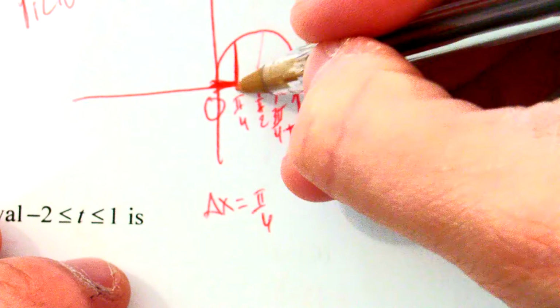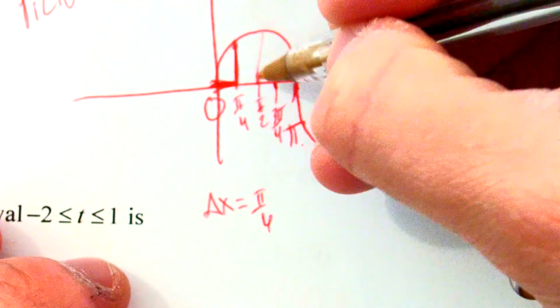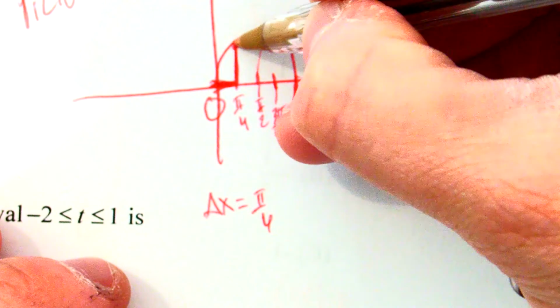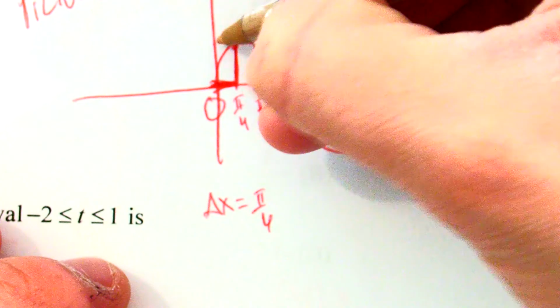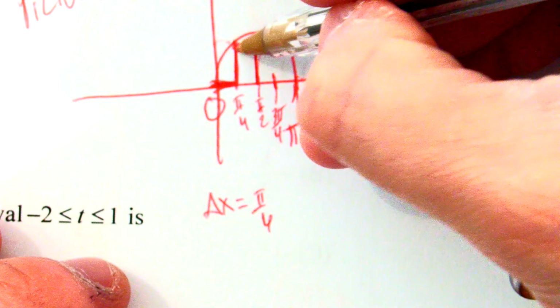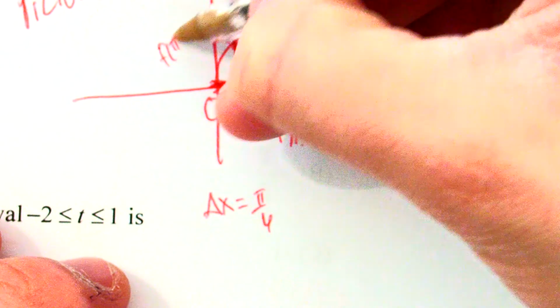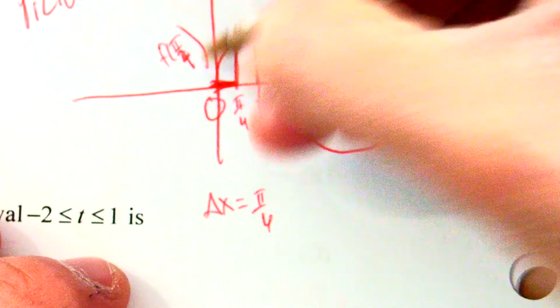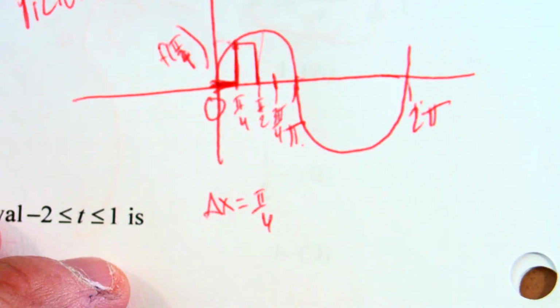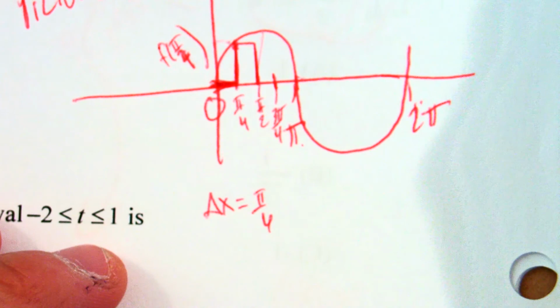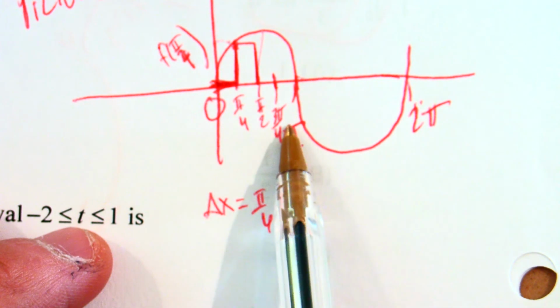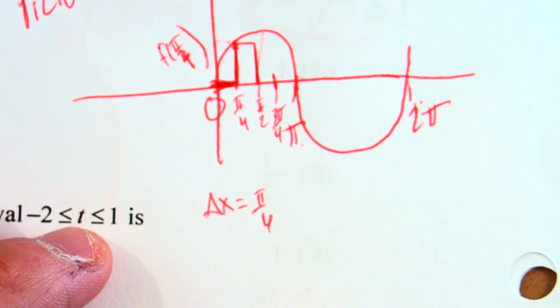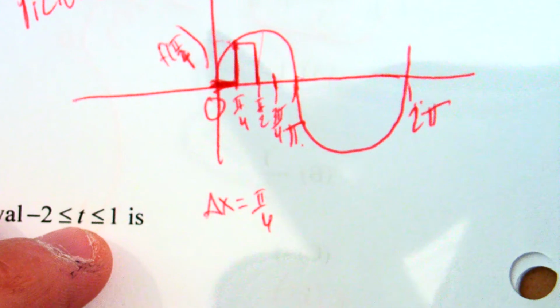So this one's at pi over 4, now I make a box. What's the height here? That's f of pi over 4, which, if you should know, the sine of pi over 4 is root 2 over 2, right? Okay, we'll keep that in mind.